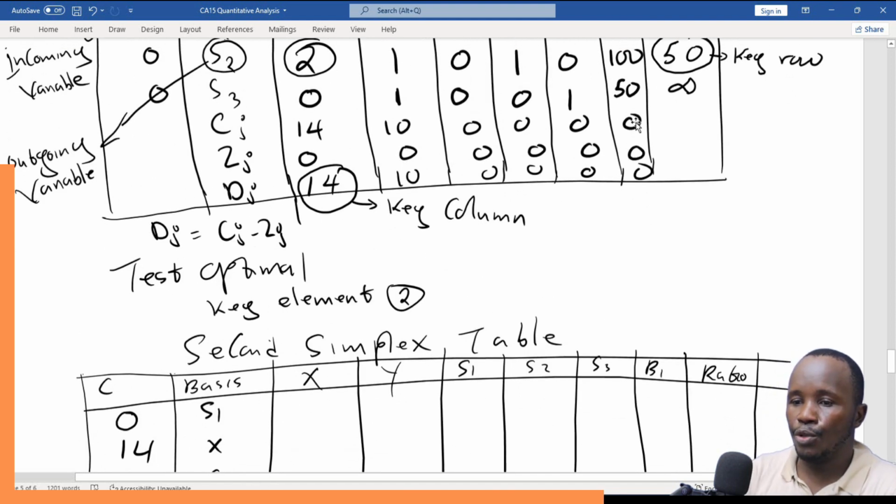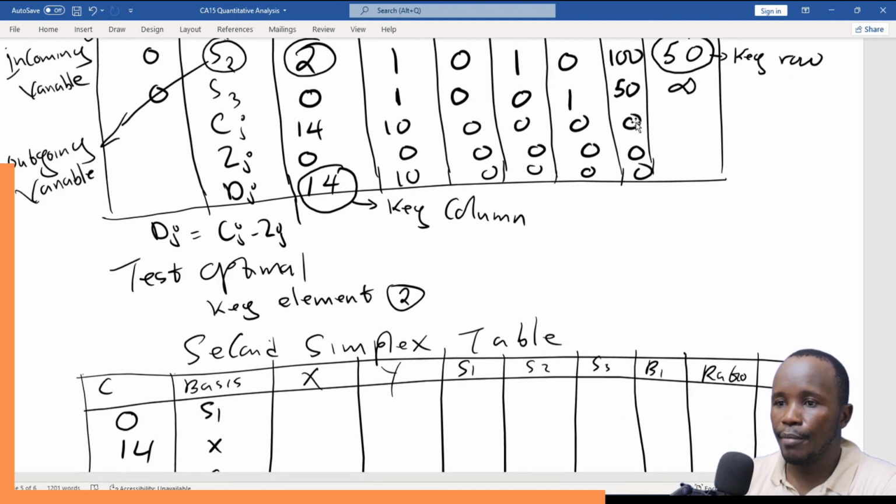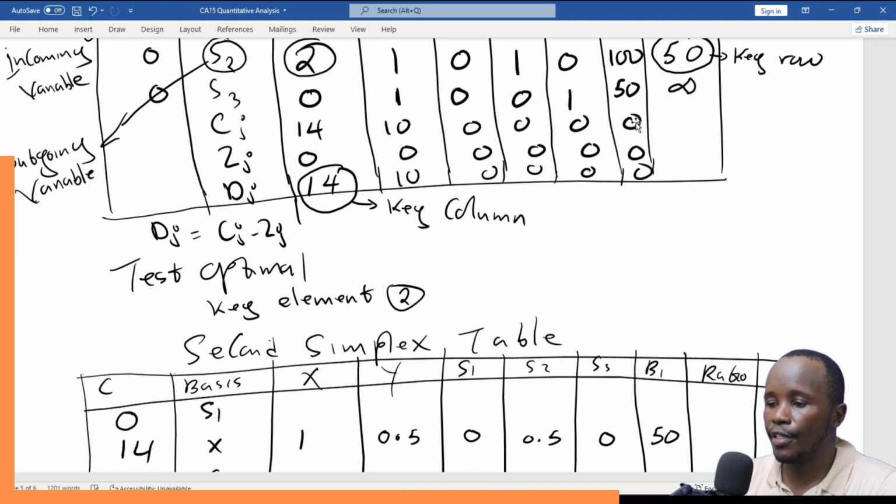Okay, 2 divided by 2, it is going to give me 1. 1 divided by 2, give me 0.5. 0 divided by 2, give me 0. 1 divided by 2, give me 0.5. 0 divided by 2, give me 0. And 100 divided by 2, give me 50.